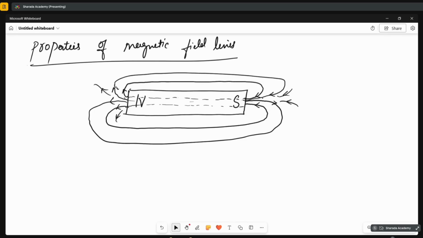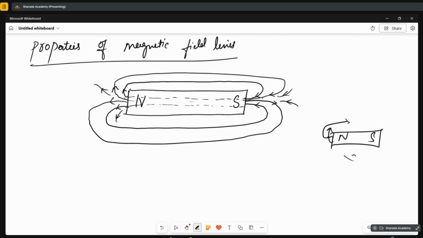And here we observe that magnetic field lines do not intersect each other. It will not intersect like this. Any two magnetic field lines never intersect.